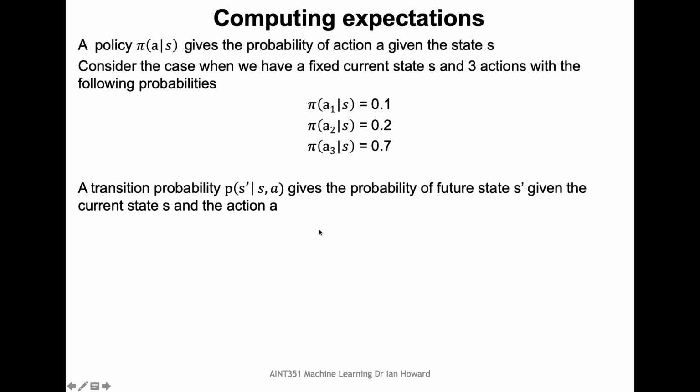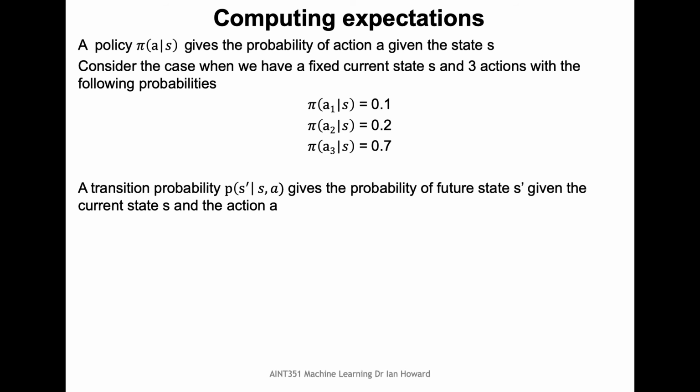Now, in a general scenario, when we're in a state and we take an action, we'll move to another state. That's what the transition probability describes. It gives the probability that we end up in state S prime, given the current state and the action, across all possible future states.